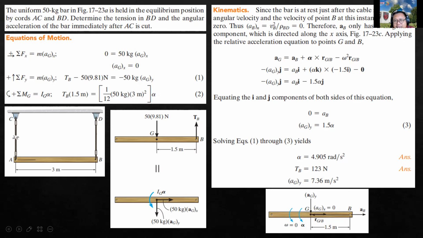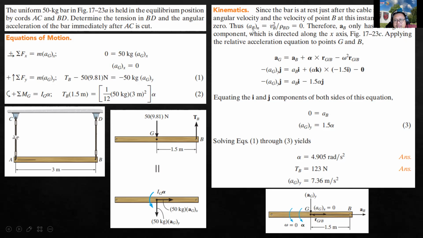We look into the kinematics part of it. Since the bar is at rest just after the cable is cut, its angular velocity and the velocity of point B at this instant are equal to 0. This is your initial condition.